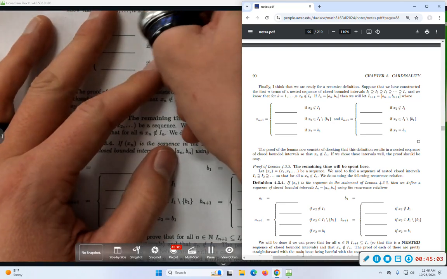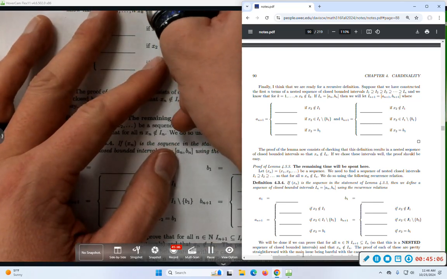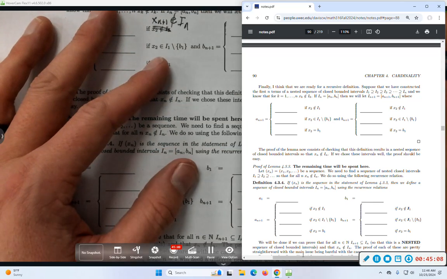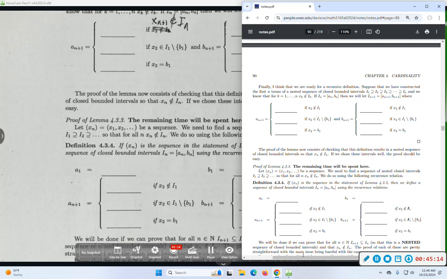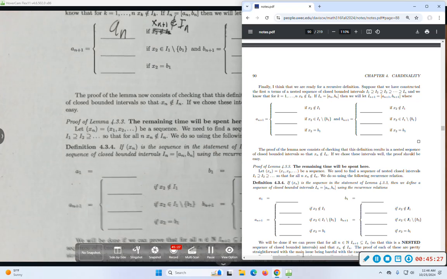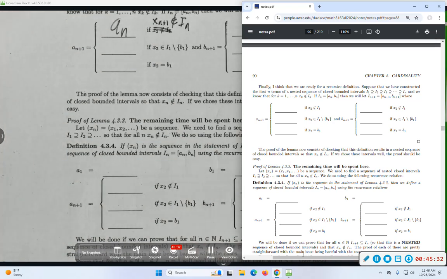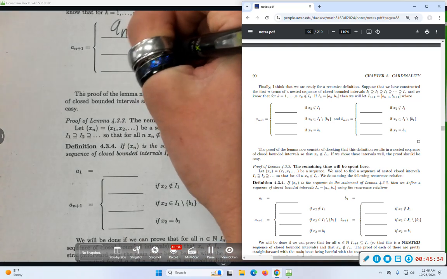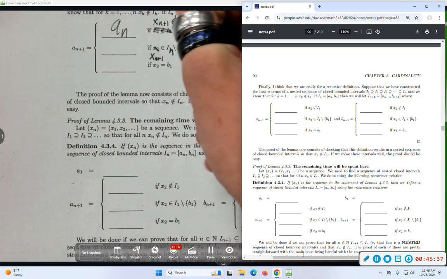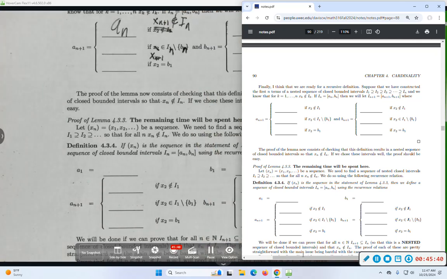If xn plus 1 is not in In, then what do you want An plus 1 and Bn plus 1 to be? An plus 1 equals An. That seems reasonable. Bn plus 1? Bn. Nice. And the same thing, xn plus 1 is in In, but it's not equal to Bn.